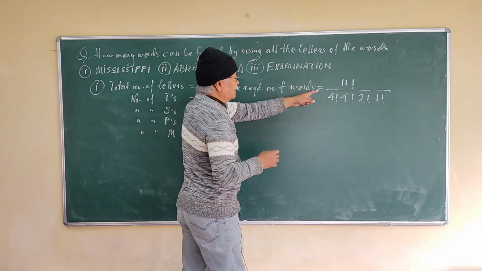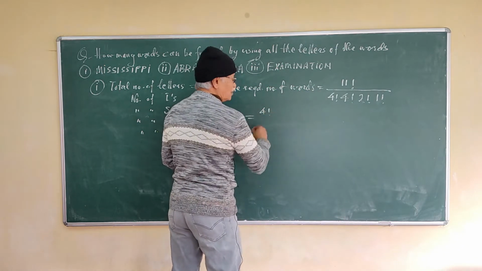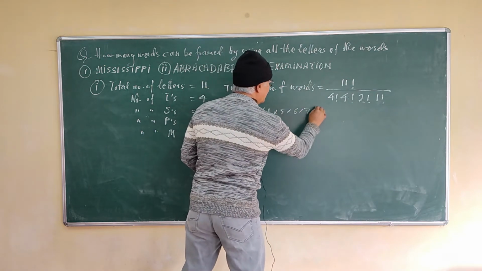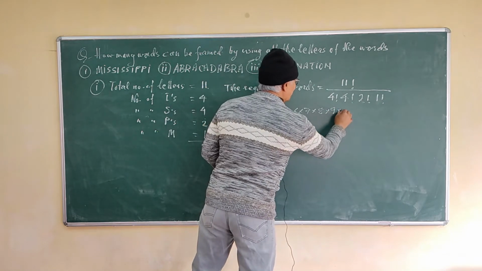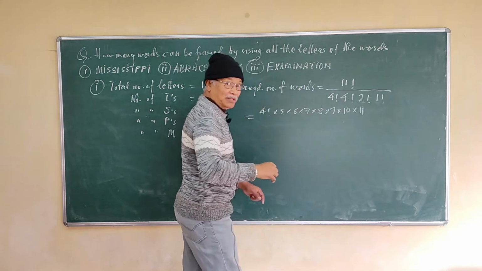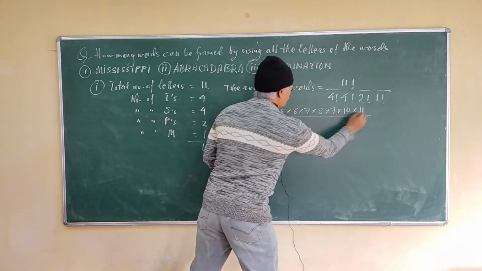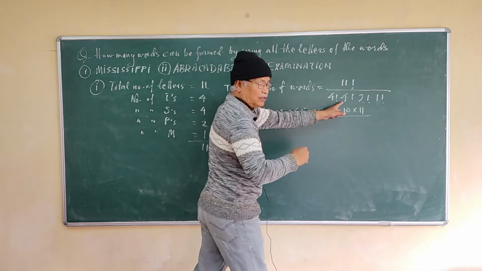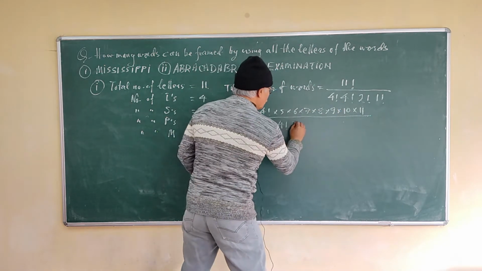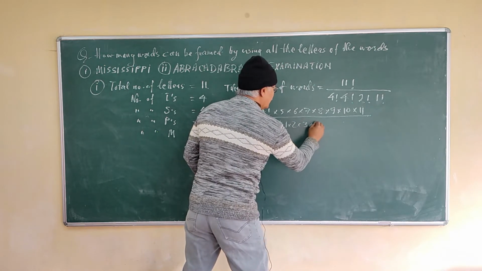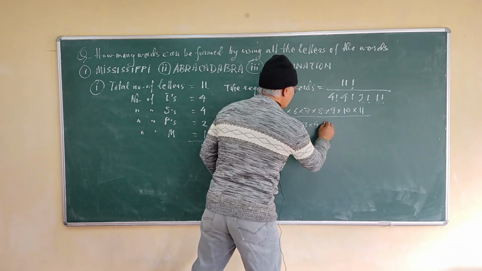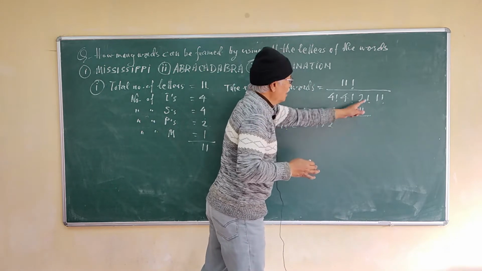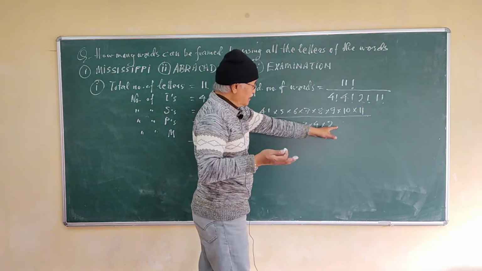So you can write 4 factorial, is that right? 4 factorial into 5 into 6 into 7 into 8 into 9 into 10 into 11. So it's a big number, right? I put 4 factorial deliberately because it can be cancelled with that 4 factorial. And this 4 factorial, you can write it down. How much will it be? 2 into 3 into 4. And 2 factorial can be written as simply 2, because 1 into 2 doesn't matter. 1 factorial is 1, so into 1 need not be written.